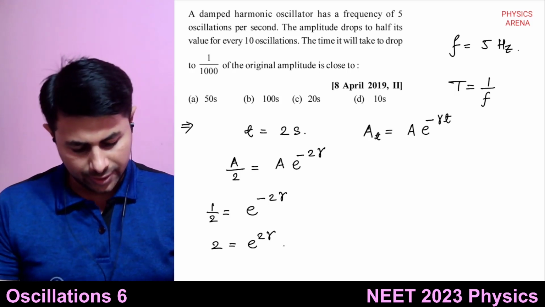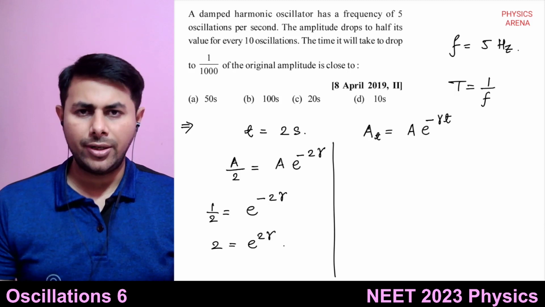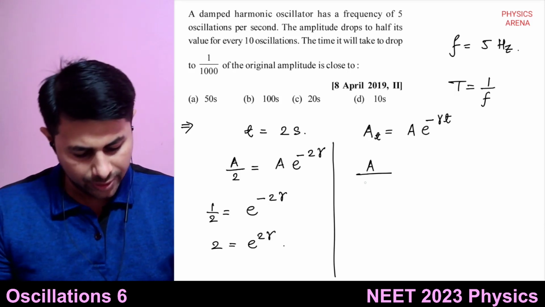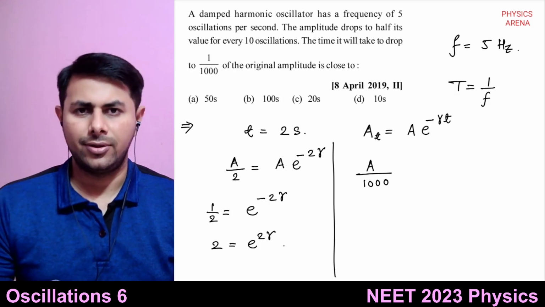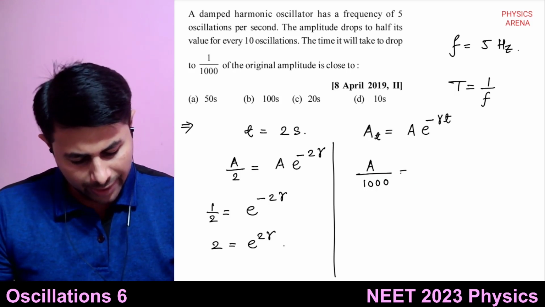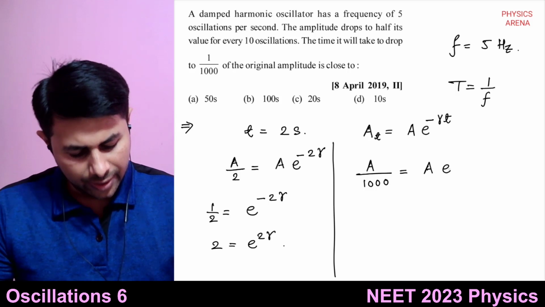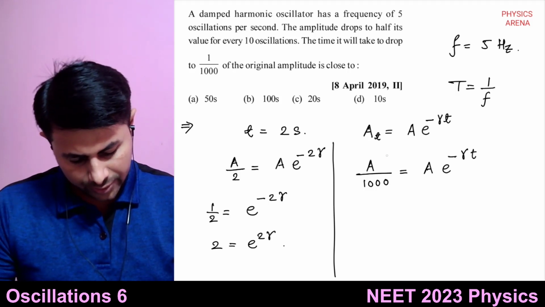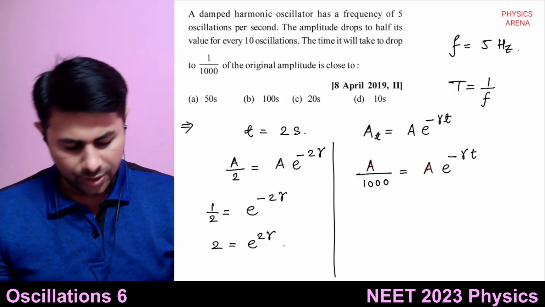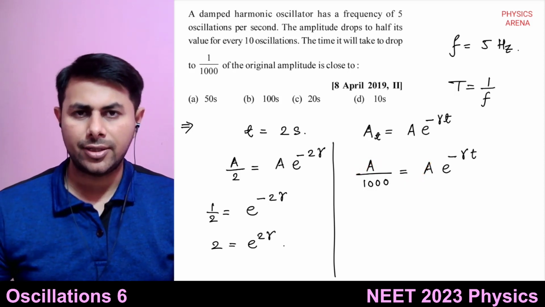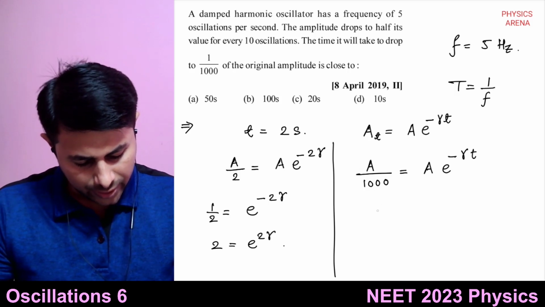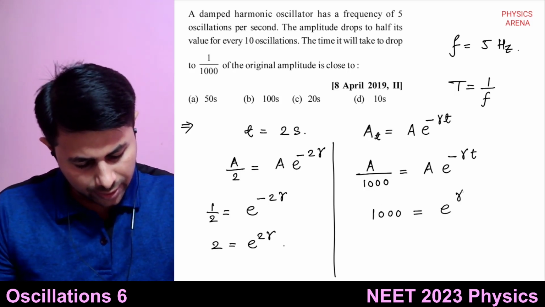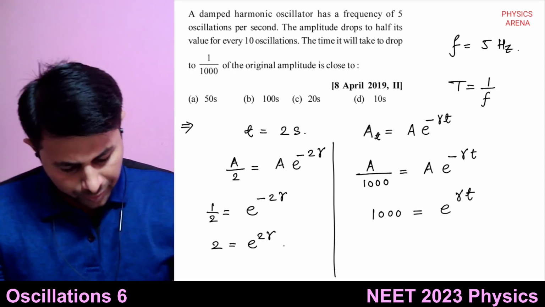Now we want the time when amplitude becomes 1 by 1000 of the original value. So a by 1000 is equal to a multiplied by e raised to minus gamma t. A and a get cancelled, so 1000 is equal to e raised to gamma t.